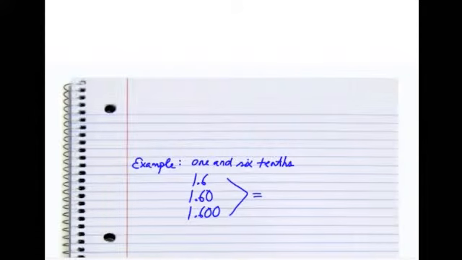When we talk about numbers that are not decimals, sometimes we can write the number 5 or the number 5 or the number 5. And because they're numbers that are greater than 1, the zeros preceding the numbers make them all the same. However, when we talk about decimals, the zeros following the number also make them all the same.